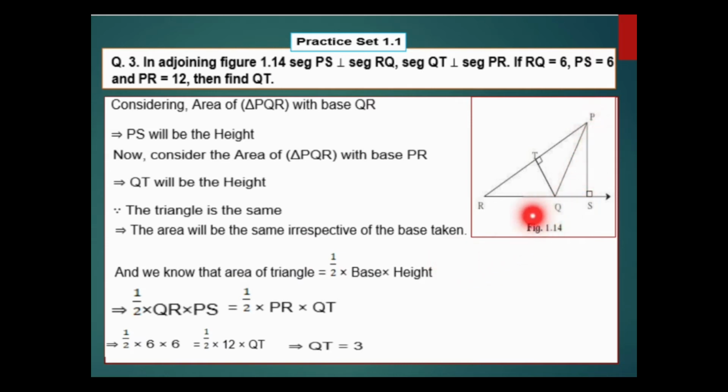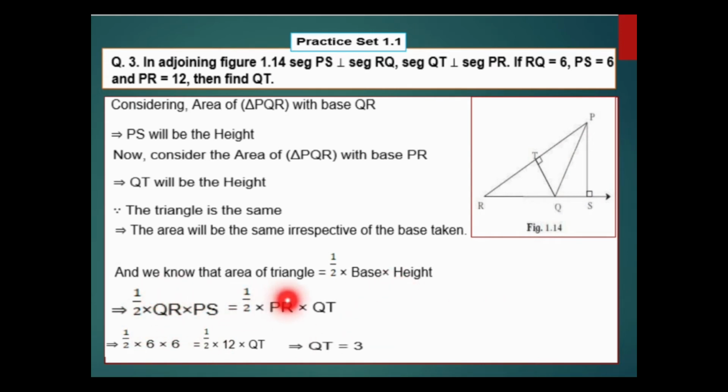So in this triangle we consider RQ as base, then we consider PS as its height. When we consider PR as its base, then we consider TQ as its height. And in both cases the triangle is the same, so the area of that triangle must be the same. So using that we solve it.